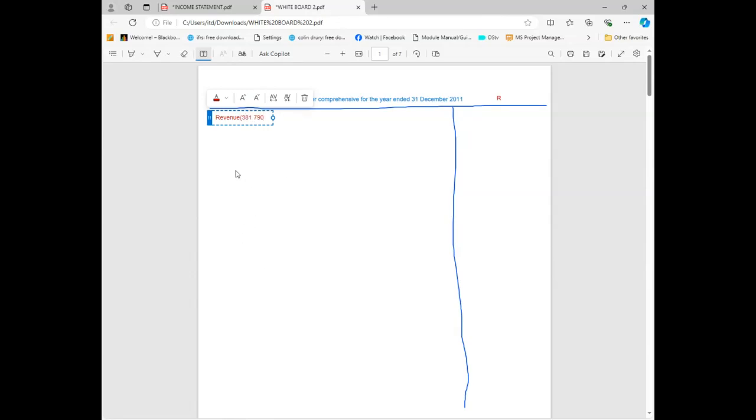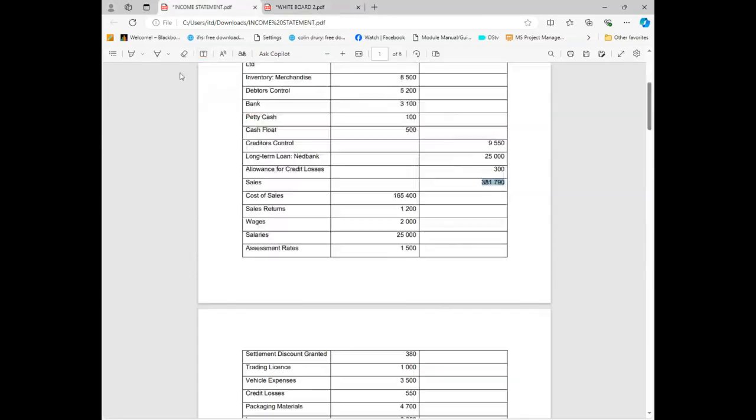Remember, I advised you when you're writing the exam, whatever you have used, please just highlight it to show that you have used it, so that you cannot use it again. Okay, let's follow our formula.